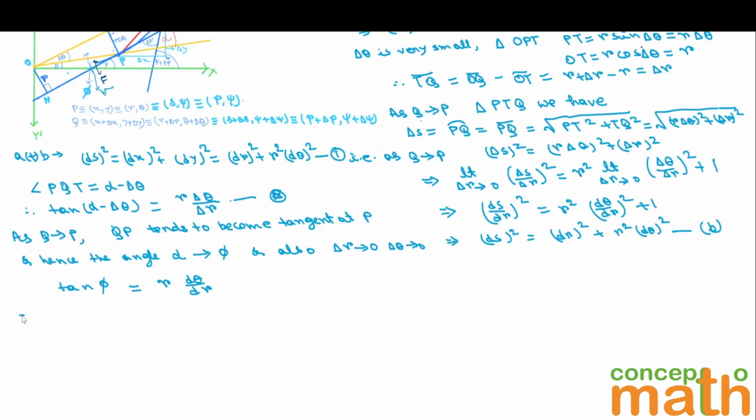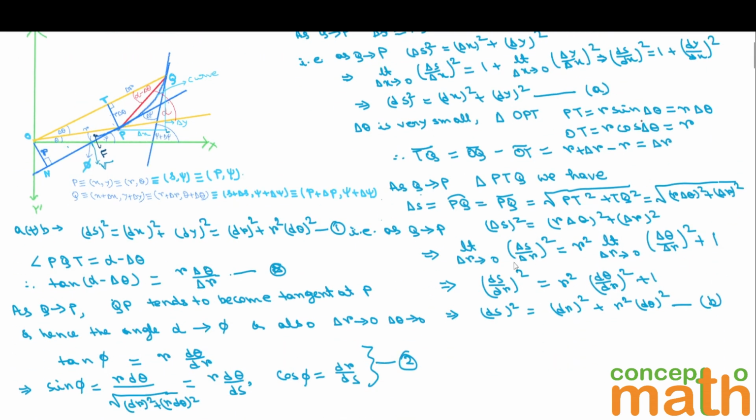So from here we can write the value of sin phi to be r dθ divided by root over (dr)^2 plus (r dθ)^2, which, by result 1, is nothing but r dθ/ds, and similarly cos phi will be dr/ds. Call these together result 2.